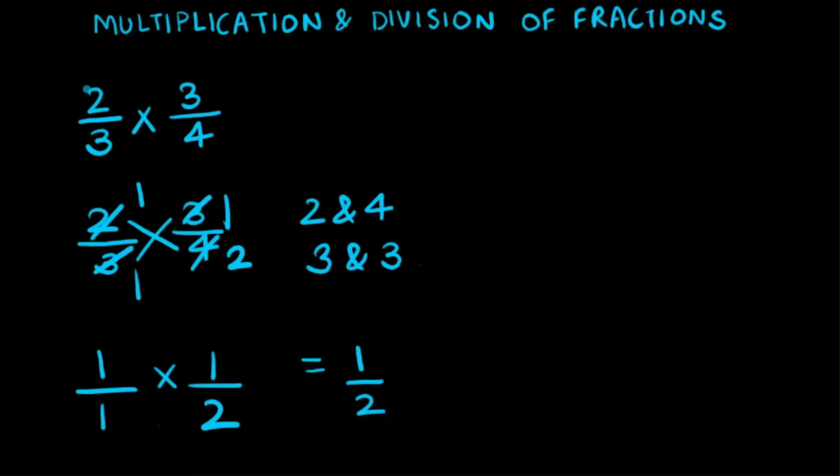Let's see another problem on multiplication of fractions. Let's say I have 5 upon 6 into 7 upon 9. Here I'll notice that there is no common factor. 5, the numerator of the first fraction, and 9, the denominator of the second fraction, have nothing in common.